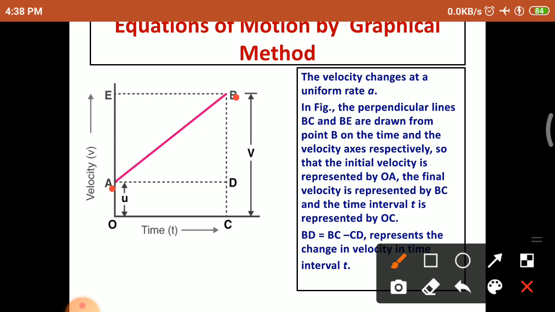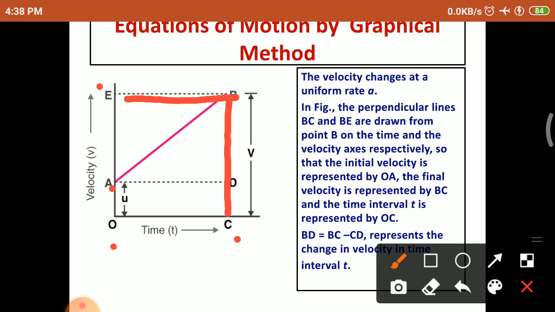Then I drew a perpendicular line to the x-axis and marked the point C. Along the y-axis, I marked the point E. And this is the origin.